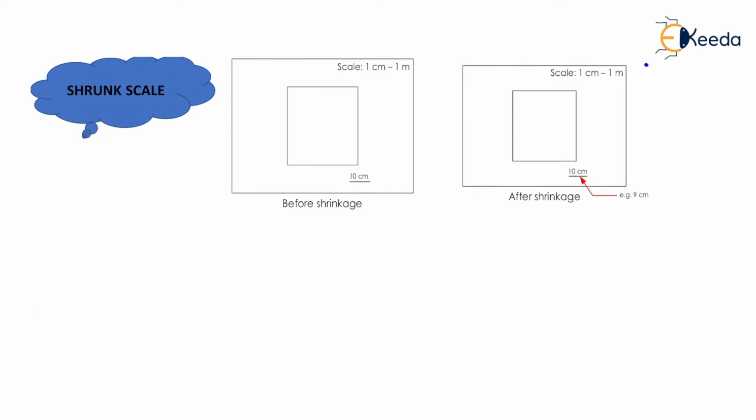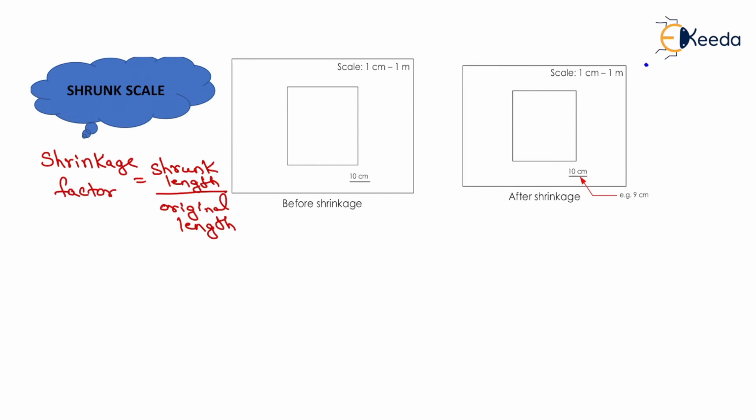For the calculation of shrunk scale, first of all, you need to measure the shrinkage factor. Shrinkage factor is the ratio of shrunk length divided by original length. On paper, only one length is shown, that is this length. Originally, this length was 10 centimeter.